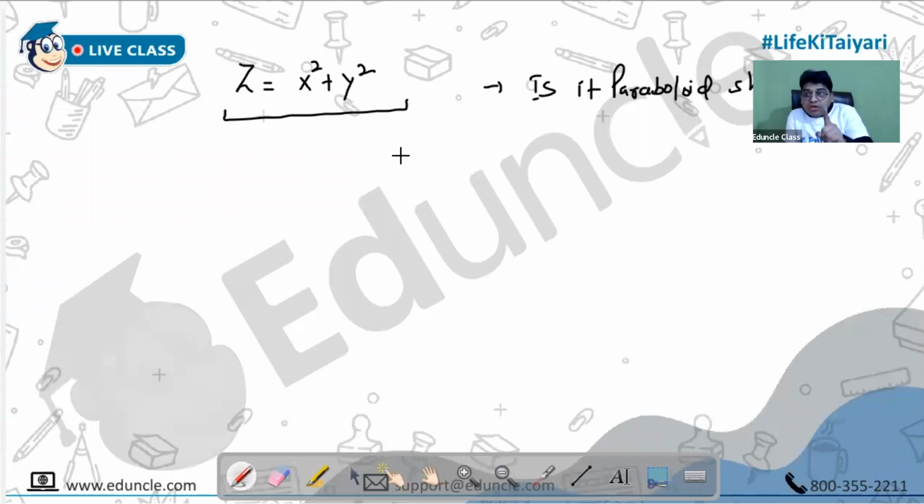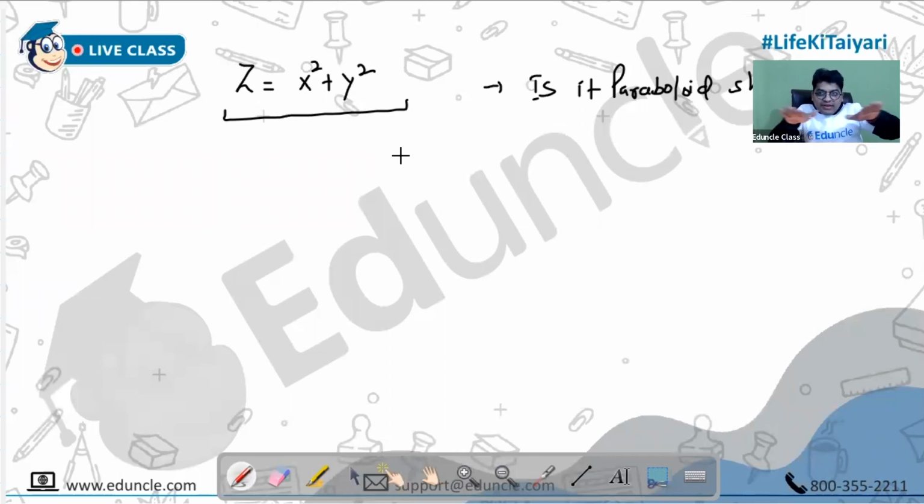See, this is not a hemisphere. Just understand my point. Don't say this is a hemisphere. Hemisphere is something different. This is called z is equal to x square plus y square, equal to 0.1, then 0.2, then 0.3, 0.4.